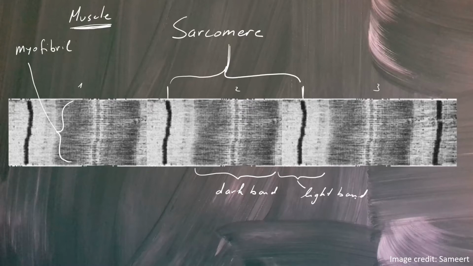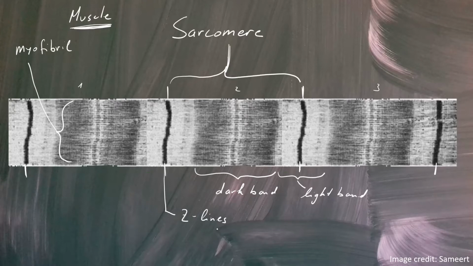Do notice that there is a pretty dark line here, here and here. These dark lines are actually a part of the light band, and they are known as the Z lines. They look pretty dark, almost black, but in reality they do belong to the light band.